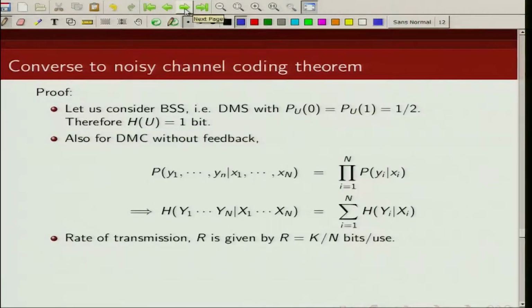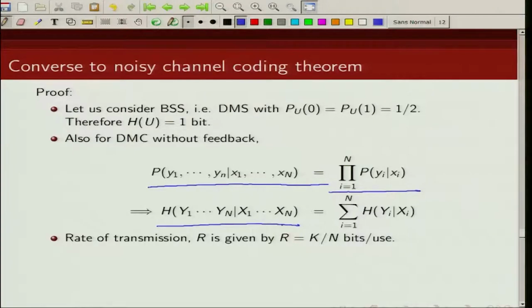Now for a discrete memoryless channel without feedback, probability of y1, y2, y3, yn given x1, x2, x3, xn can be given by the product of probability of yi given xi, taken from i goes from 1 to n. So we can write the uncertainty in y1, y2, y3, yn given x1, x2, x3, xn by summation of uncertainty of yi given xi. And remember our transmission rate is k by n bits per use.